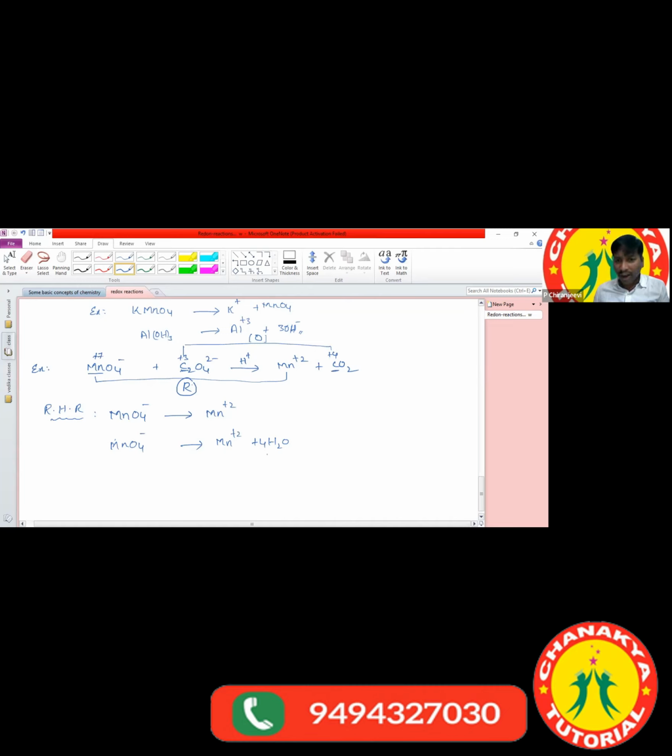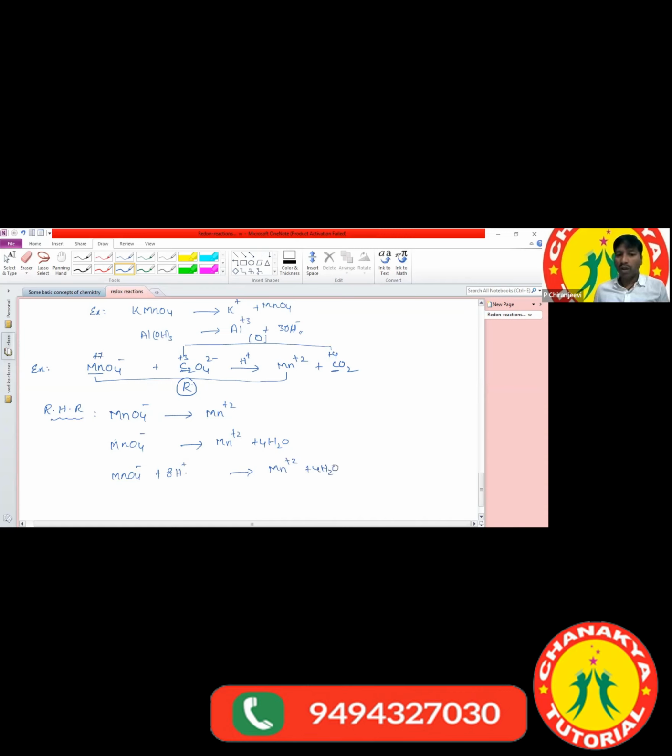Now, right hand side the total number of hydrogens is equal to 8. So on the left hand side, 8 hydrogens are deficient. The next step I'm writing as MnO4 minus plus 8H plus gives rise to Mn+2 plus 4H2O.